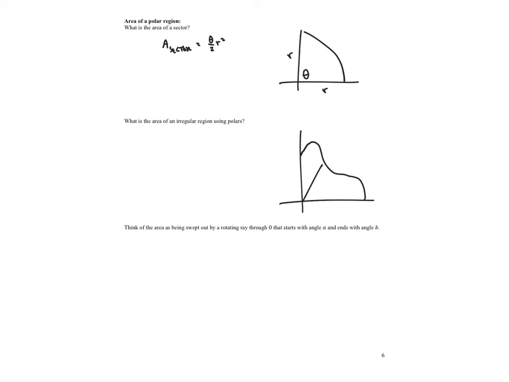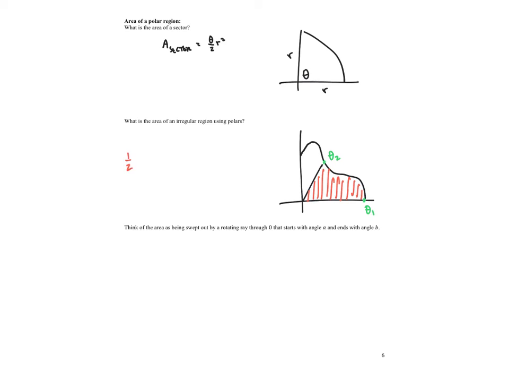So let's say we're finding the area here from theta 1, likely 0, to theta 2, which might be pi over 3, whatever. If I wanted to find this area, of course, I have to accumulate that slightly differently.